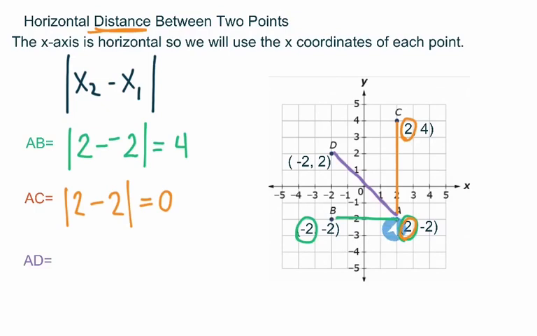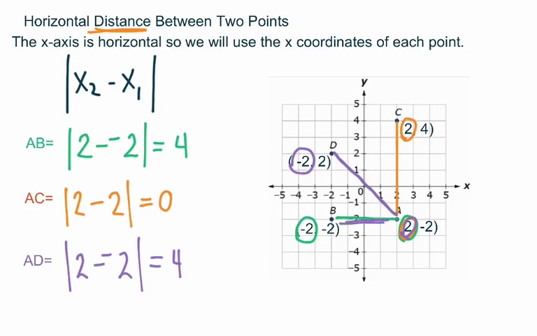If I was at point A and needed to get to point D and could only move vertically and horizontally as on a road, I would have to go to B and then turn and go up to D. The horizontal distance here is probably going to be the same as AB. So again, x-coordinates, absolute value of 2 minus -2, that equals 4, which is exactly what we found for AB.